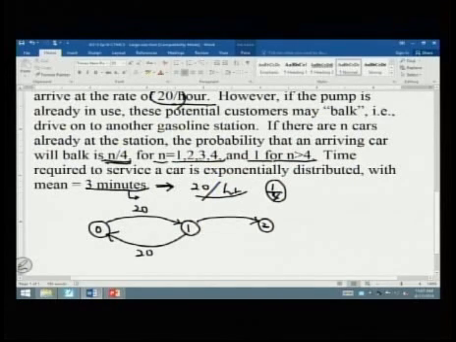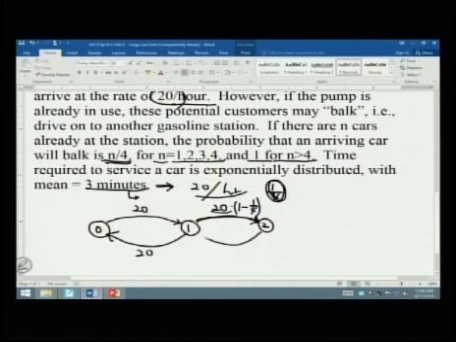So if we don't consider the balk rate, the arrival rate is 20, right? Since 1/4 of this will go away, how many cars will arrive? 1 minus 1/4 times 20. Does that make sense?